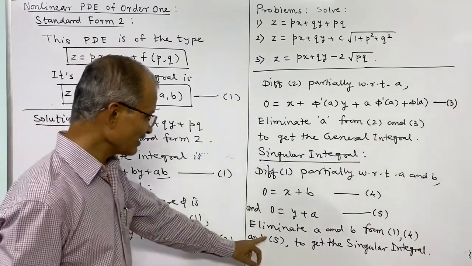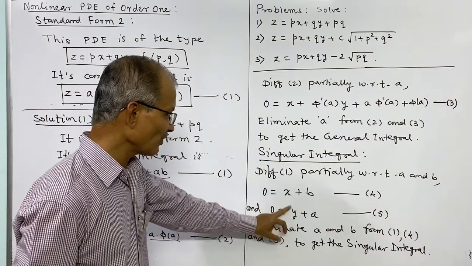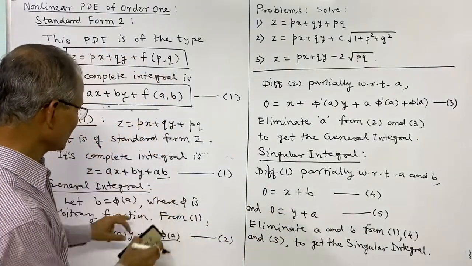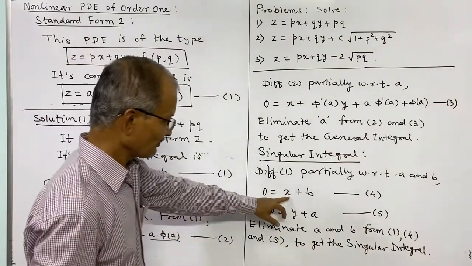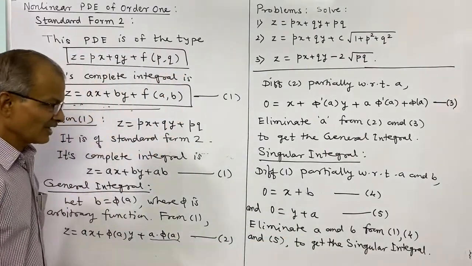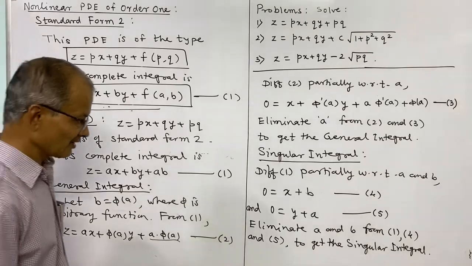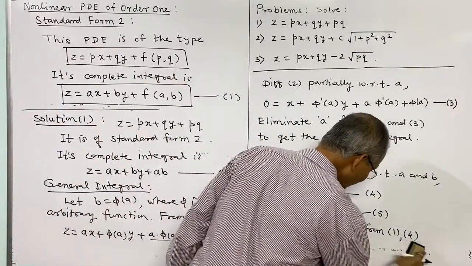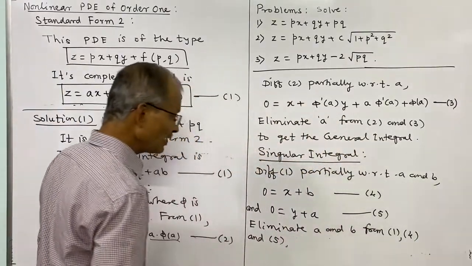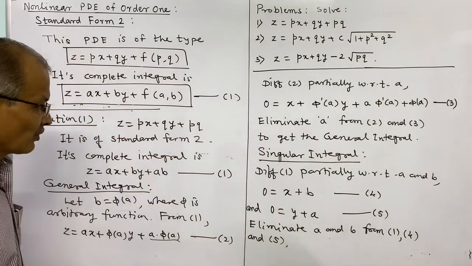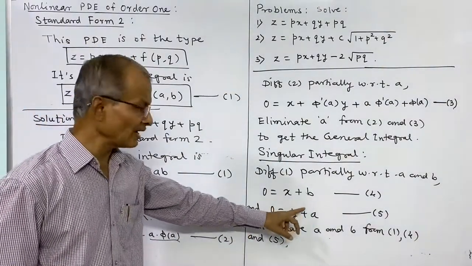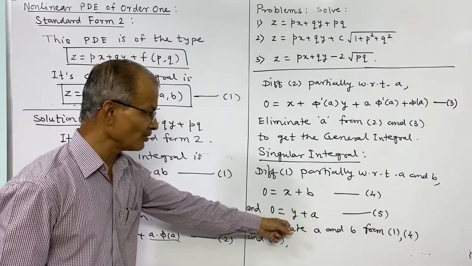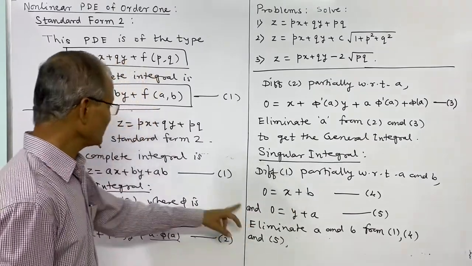So what we have written: eliminate a and b from 1, 4 and 5. This equation 1, the fourth equation and the fifth equation. So we eliminate a and b from these to get the singular equation. We can obtain the values of a and b from 4 and 5 and put them in 1.